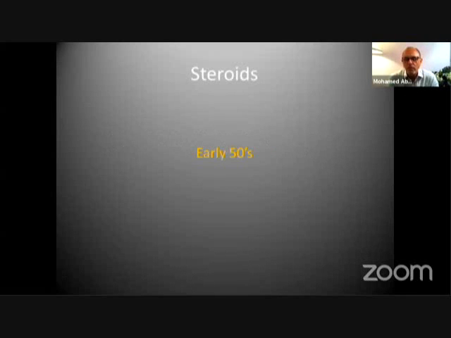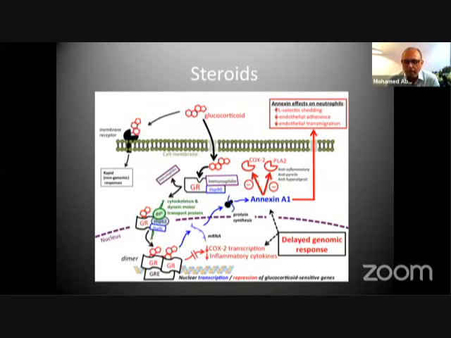Therapeutic options. The first option is steroids. This is our cornerstone. It has been known since the 50s. It's a huge discovery. It's produced within the body from the suprarenal gland, and steroid receptors are present in almost all cells in the body.